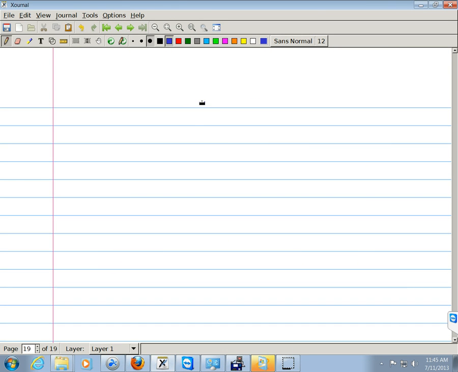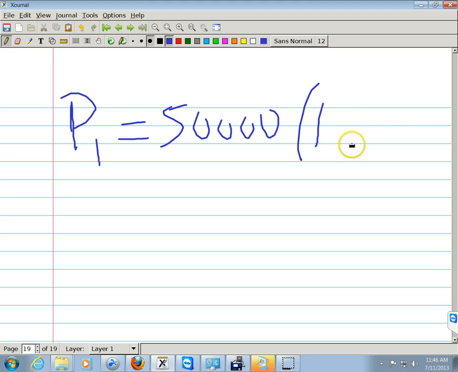All right, so let me give you these two populations. What if the population in city 1 is 50,000 people times 1.035 to the t?